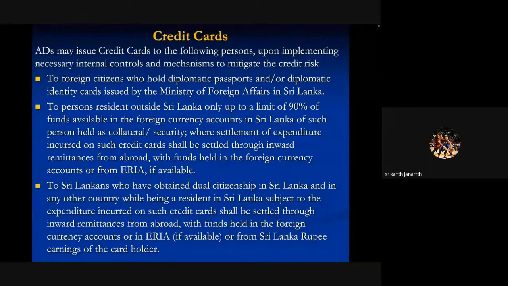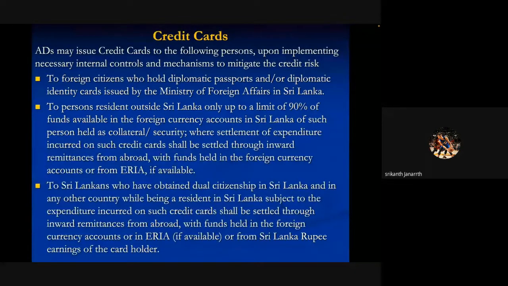These are exceptional situations. To a Sri Lankan who has obtained dual citizenship in Sri Lanka and in another country, while being resident in Sri Lanka, subject to the expenditure incurred, shall be settled through the inward investment. So you can issue a credit card if a dual citizen remains in Sri Lanka. He wants a credit card. He says, I am in Sri Lanka.